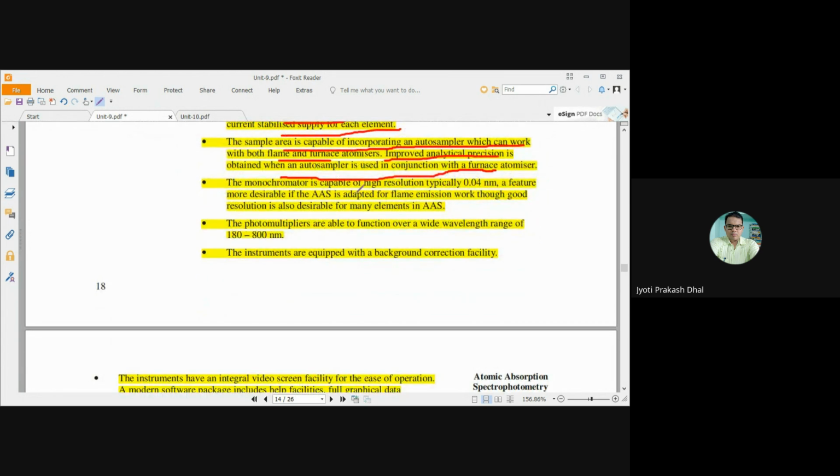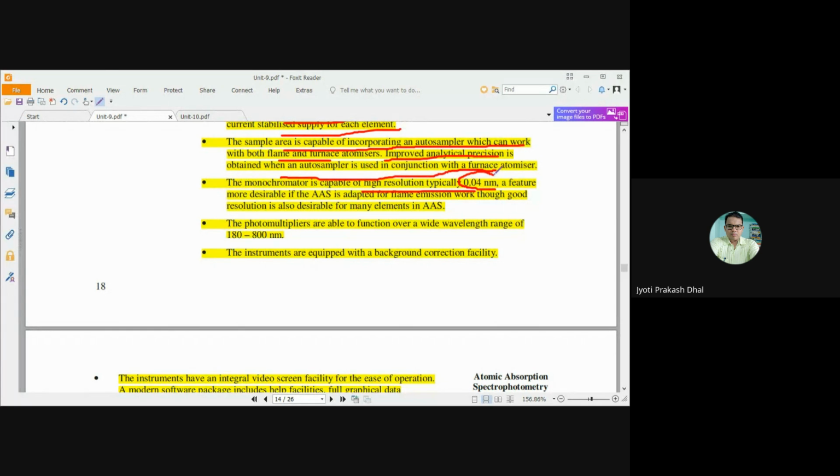The monochromator is capable of high resolution, around 0.04 nanometer. That means the capacity of the monochromator should be extremely high, with resolution typically in the range of 0.04 nanometer.